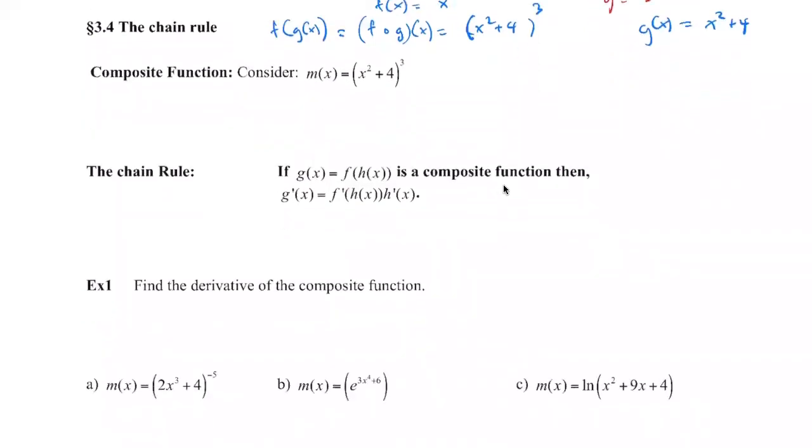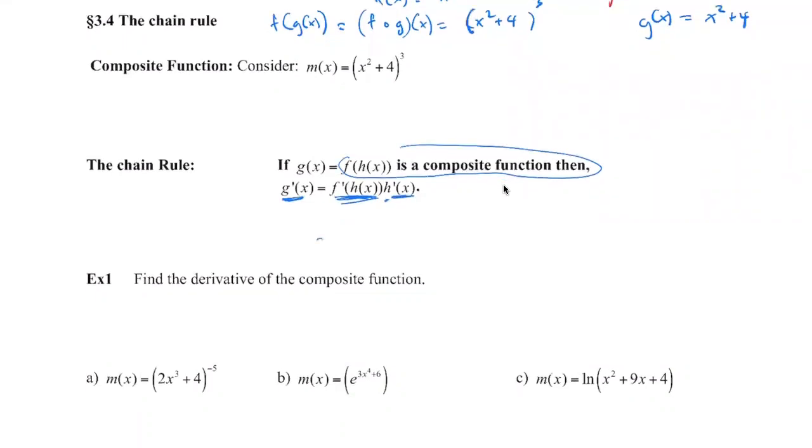So the rule says that if you have a composite function, then the derivative of that function is equal to the derivative of the outside function multiplied by the derivative of the inside function. So we say d dx of the outside function, by the way, d dx is short for derivative, multiplied by d dx of the inside function.